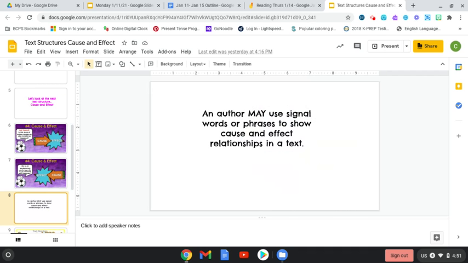They might use signal words or phrases to show cause and effect relationships in a text. Now, I put may in big letters because it's not always the case that they use clue words. Sometimes they do, sometimes they don't. You have to actually look for that structure.